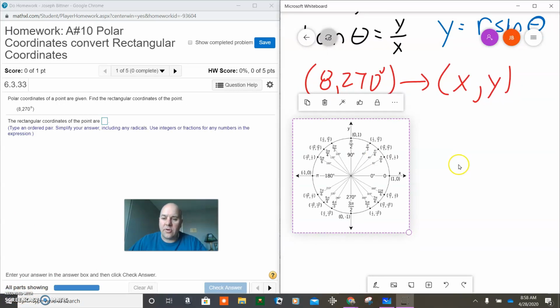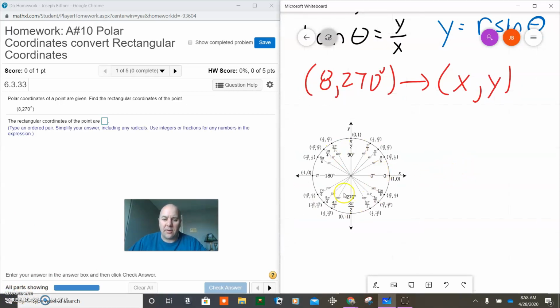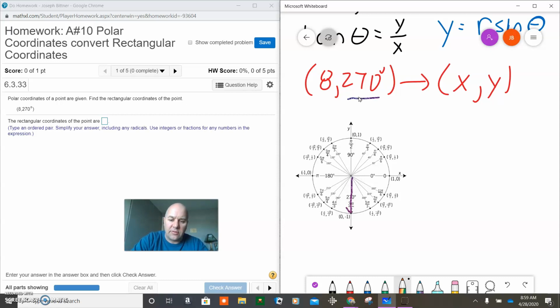Like I said, a unit circle might be handy, so I went ahead and got my unit circle. Whenever you're converting from polar to X and Y, it's wise to start off with the rotation. As you can see down here, this is the rotation. Now, I'm trying to get the X and Y value of it.